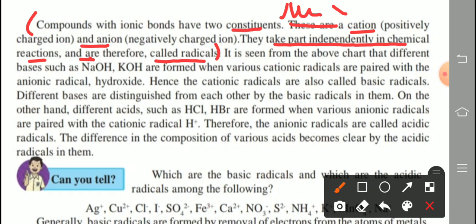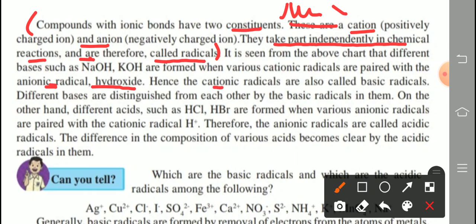Okay. It is seen from the above chart that different bases such as NaOH, that is sodium hydroxide, and KOH, potassium hydroxide, are formed when various cationic radicals, cationic means positively charged radicals, are paired with the anionic radical. Anionic means negative radicals. Which is the negative radical? That is OH, means hydroxide.